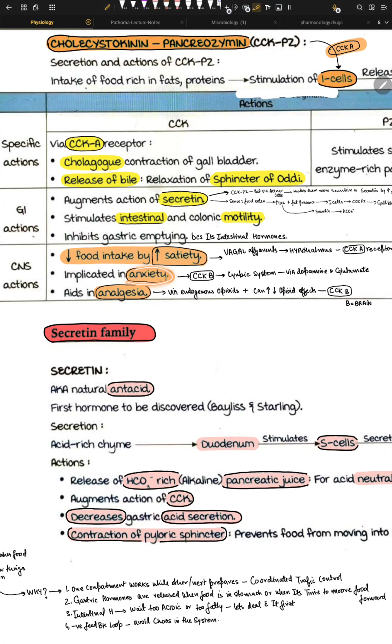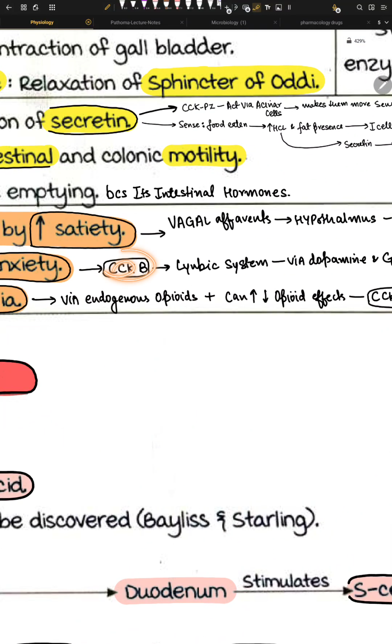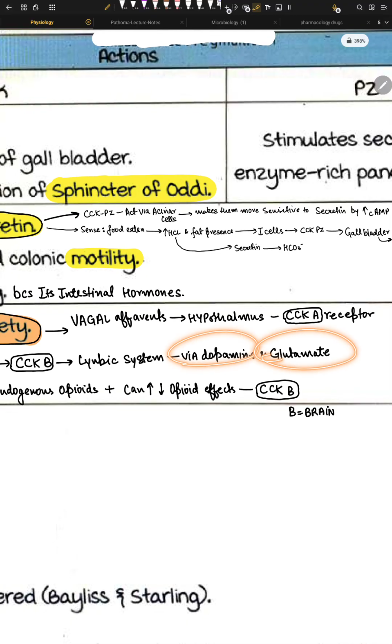It is implicated in anxiety, that's very important. How are anxiety and CCK related? CCK goes and binds with CCKB receptors, and these CCKB receptors are present on the limbic system, and it works via the dopamine and glutamate pathway. So it can change the dopamine and glutamate.